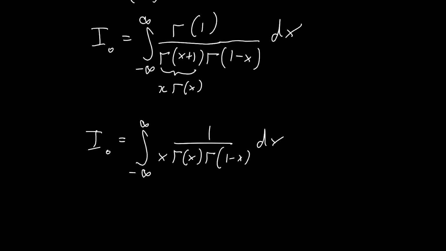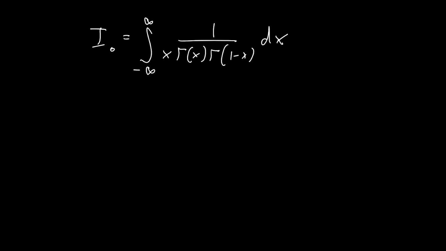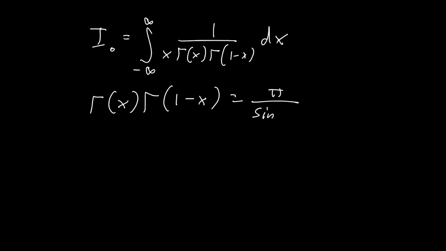And this allows us to use the Euler reflection formula, which is gamma of x times gamma of 1 minus x equals pi over sine pi x.